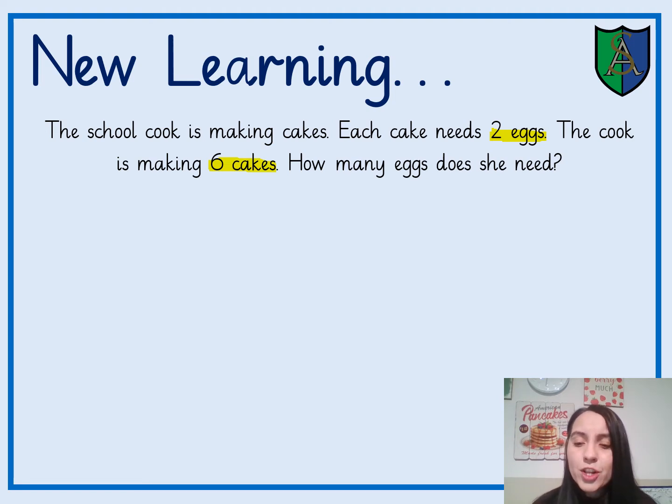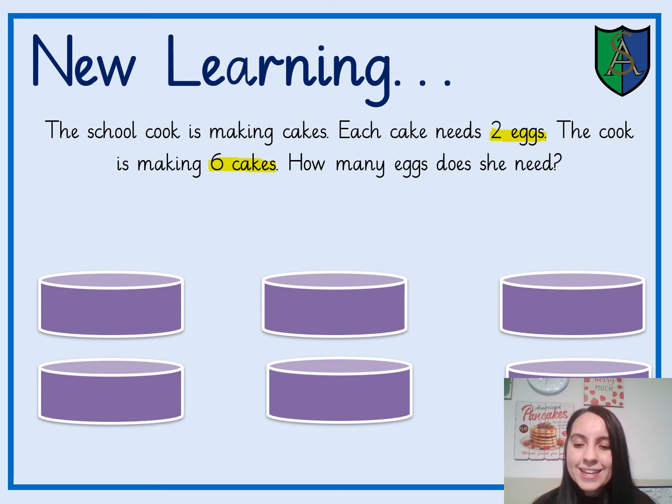Okay, let's have a look at what that looks like as a picture. Here are my 6 cakes. 1, 2, 3, 4, 5, 6. Now, who can tell me how many eggs need to go on 1 cake? Well done if you said 2. You are right. There needs to be 2 eggs on each cake. Let's have a look what that looks like.